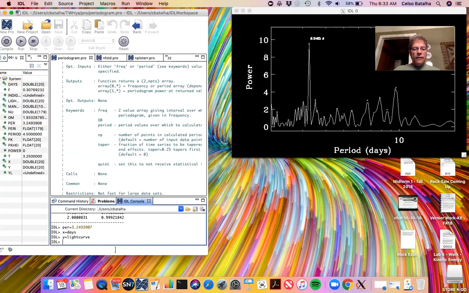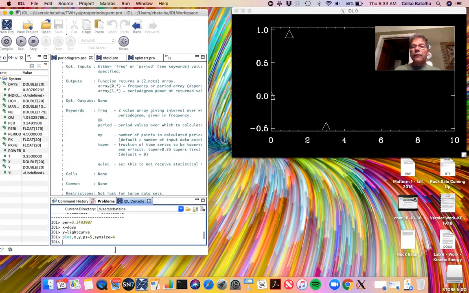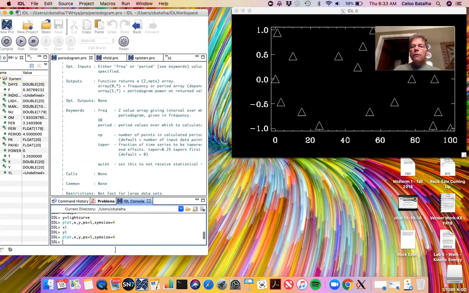If I plot X and Y with symbol 5 and symsize 4, so you can see well, that's what we got. We got some crazy thing. We can't see the period there, but supposedly it's 3.25 days.